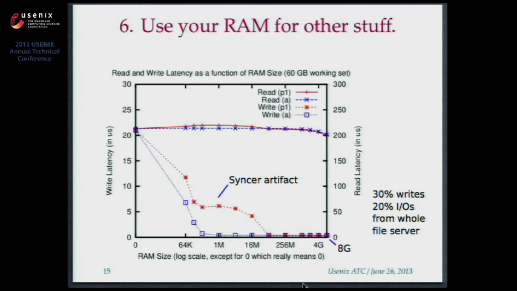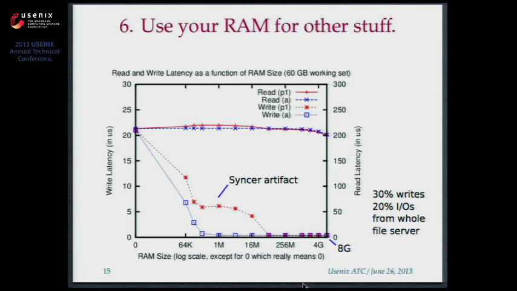The red line at the bottom is an artifact caused by the RAM cache's sinker getting behind. Before I get into that, I should state that what we have here is different RAM sizes ranging from 8 gigs on the right all the way down to 0.